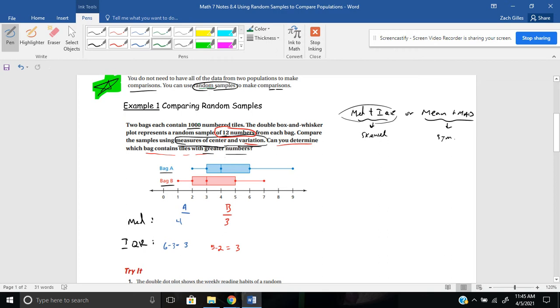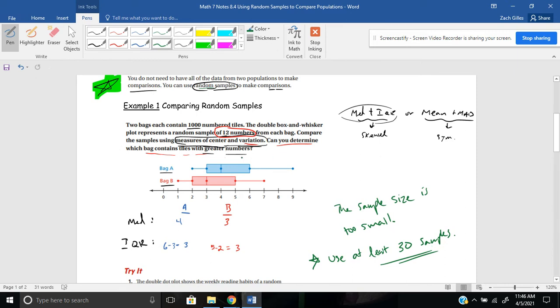And to me, that sample size is too small to say that bag A has greater numbers than bag B. Remember, a good rule of thumb to use is at least around 30 samples is usually a good rule of thumb to follow as kind of like a minimum.